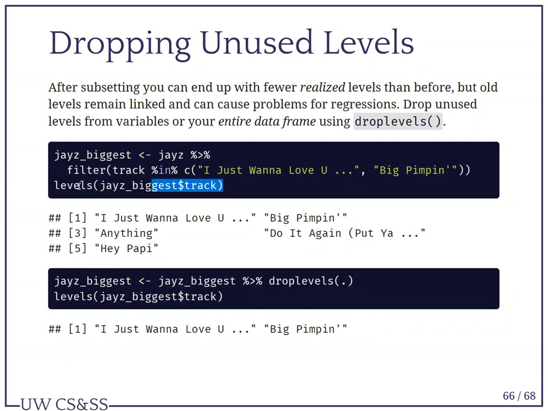But the levels of this will still have things like "Hey Poppy". So now we can assign to Jay-Z's biggest and then drop levels. And now the levels of this column are just the two instances that we actually have data for.